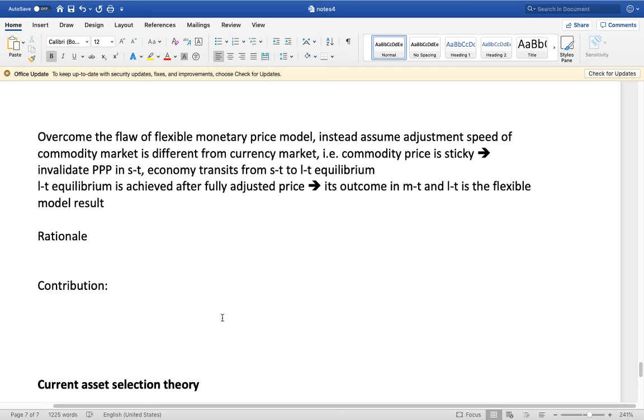And after a certain period of adjustment, the commodity price is ready, and the exchange rate adjusts from the primary equilibrium to a new equilibrium. That is valid in the long term.